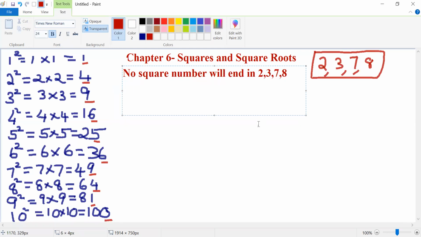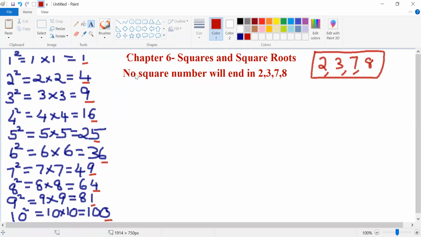Next, let us observe again. 1 square is 1. 2 square is 4. Is any other number's square ending in 1? Yes. 9 square is also ending in 1.